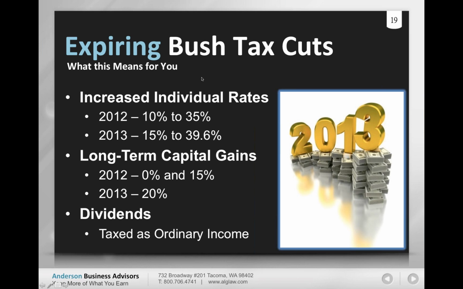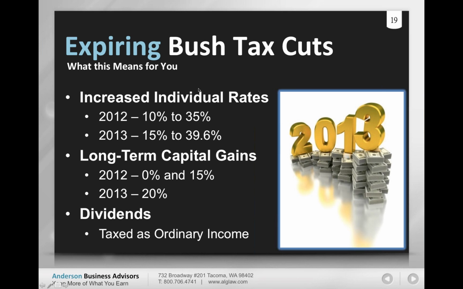The next one is another one that has me concerned, but also provides for some good tax planning, because when I look at my long-term capital gains, in 2012, it could range between 0 and 15%. More than likely, if you had any adjusted gross income at all, it's going to be 15%. Well, next year, it's going to be 20%.